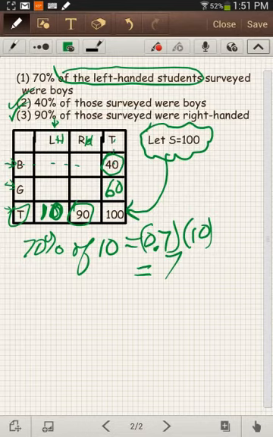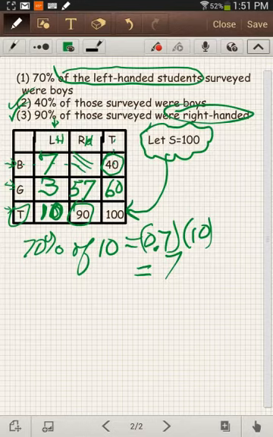So 7 students are left-handed boys. That leaves 3 students who are left-handed girls. We're interested in right-handed girls, so that's 57, because we know the total number of girls is 60 based on the 100 in the survey. Are we done? Well, we didn't fill in the right-handed boys, but not that interested in that.